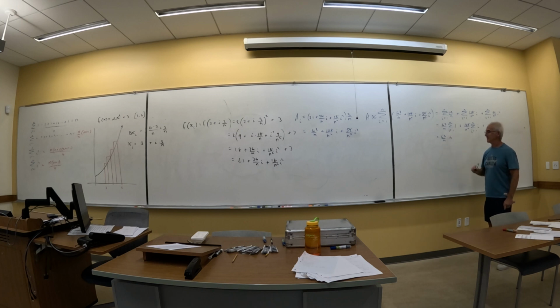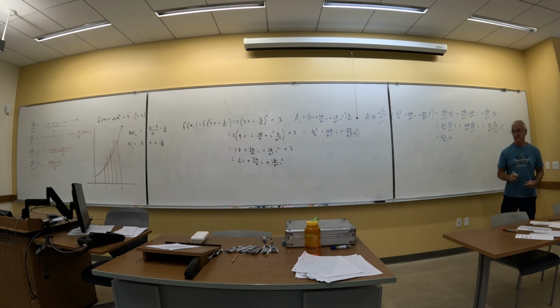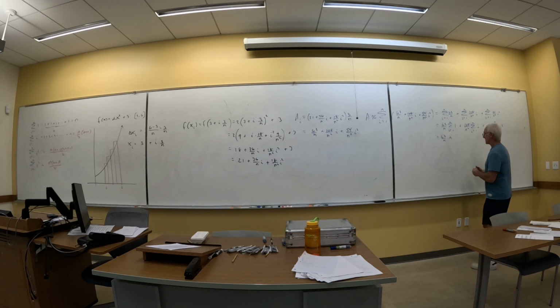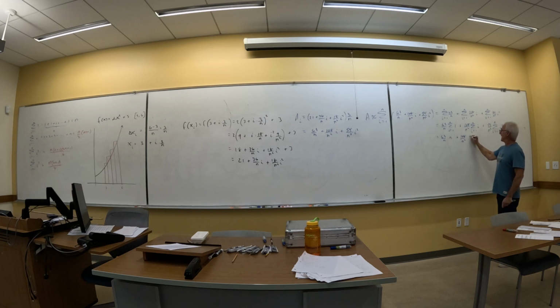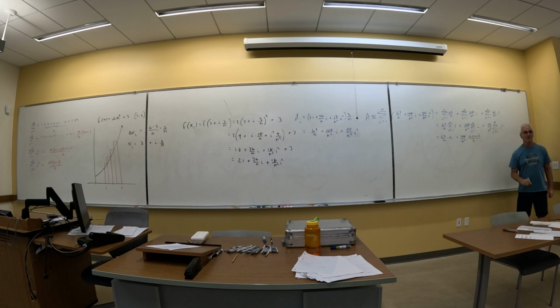Is that n? These are going to cancel. What's the next one? The next one's 108 over n squared times what? n plus 1 over 2. Notice I have an n squared on top and an n squared on the bottom. That's a good thing.